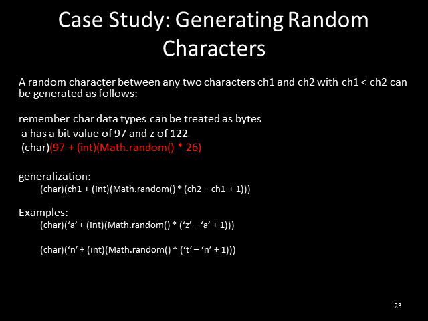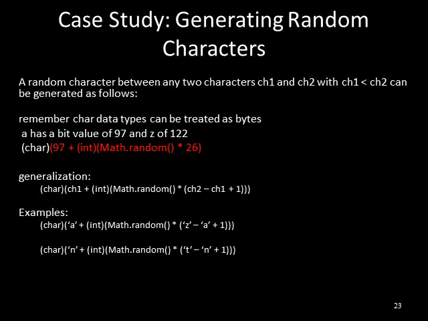And ch2 is our ending character, our upper bound, z. Right? And since we're dealing with characters that can be treated as bytes, we do mathematics, or we can subtract them and add to them, etc.